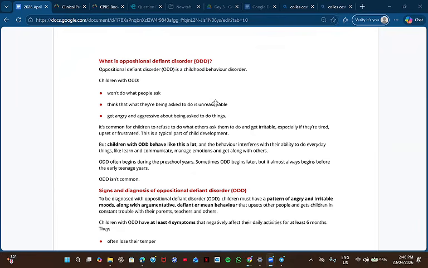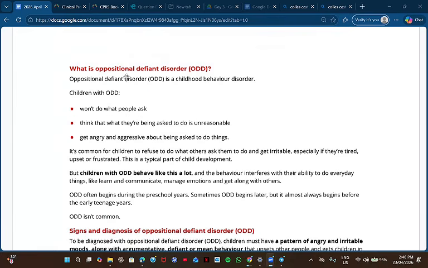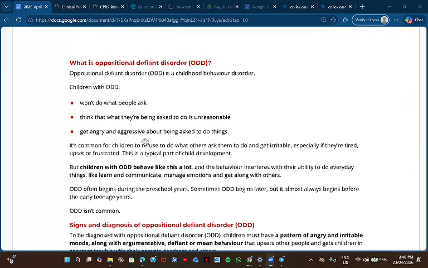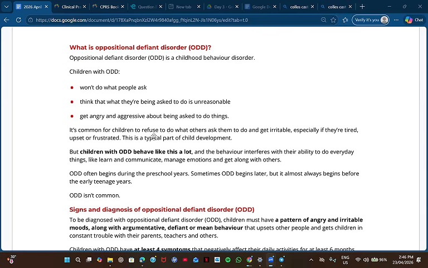Yes. So ODD, oppositional defiant disorder, is a childhood behavior disorder. Patients with ODD won't do what people ask, right? They are not doing what people ask. They think that what they are being asked to do is unreasonable, right? They get angry and aggressive about being asked to do such things.